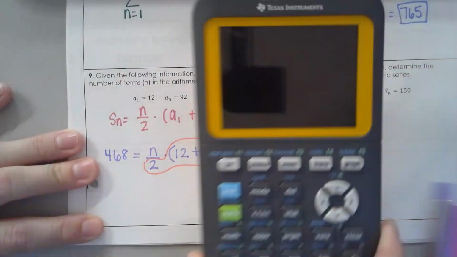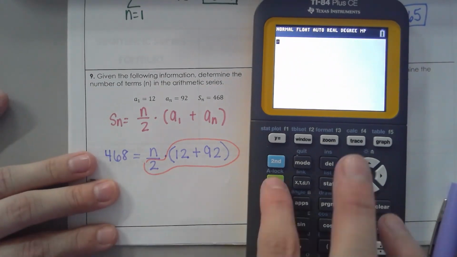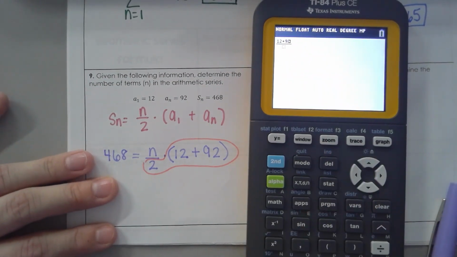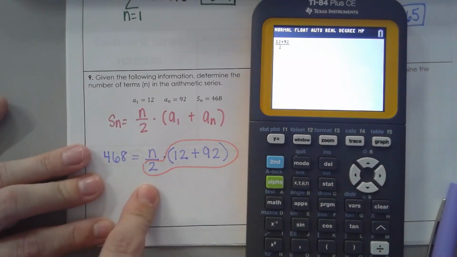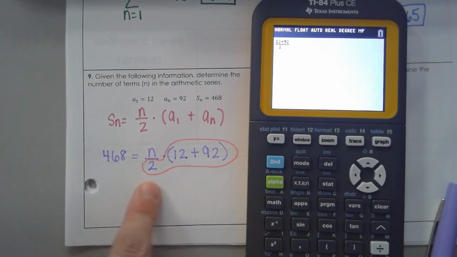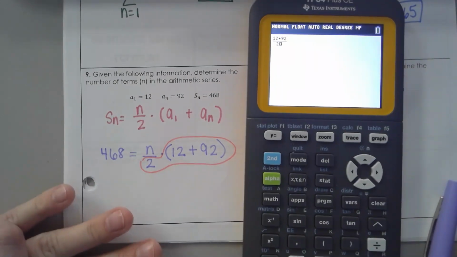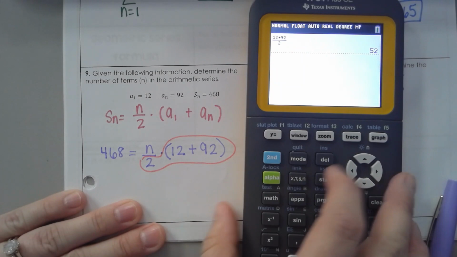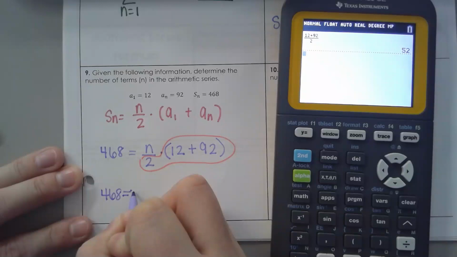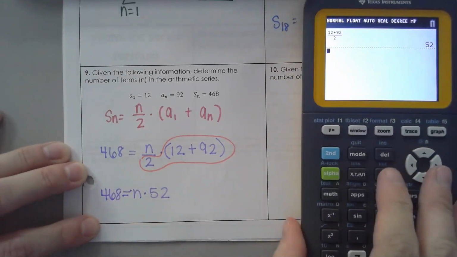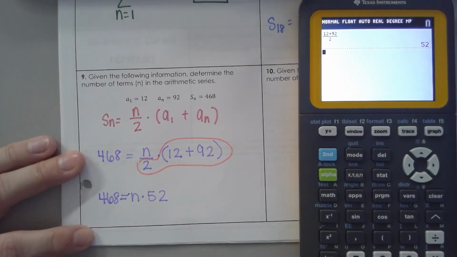You can do 12 plus 92 over 2, because it's really like 1/2 of n. So it's really like 1/2 times n times 12 plus 92. But this is just the normal way that they write it out. And you get 52. Equals n times 52. I mean, you could do it in several steps, but if you can remember that you can do it all together, that's faster.